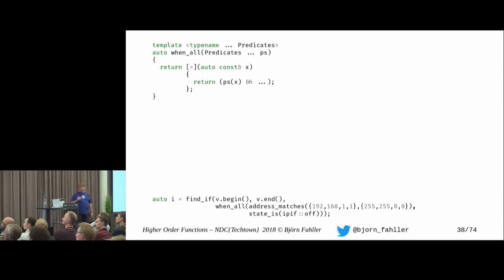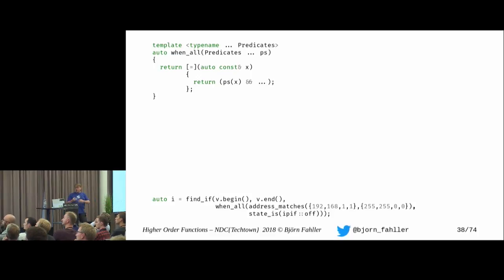The return here in the when all function, when it's parenthesized like this, will expand to PS of x, the call of the first predicate, and logic and ... are all the other predicates. So if we had 3 predicates, it would be the first predicate of x and the second predicate of x and the third predicate of x, and we get the normal logic short-circuiting.